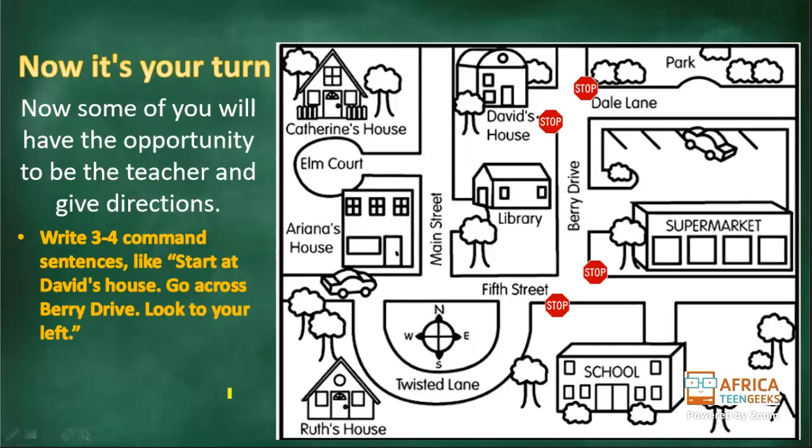You can say something like start at David's house, go across Berry Drive, look to your left. So I just want the first person to write 3 or 4 sentences like that. You have to know in your mind where you are starting and where you want to finish. Then I will read it out loud and you can check who is the first one to say the correct destination. And I will check if you are right.